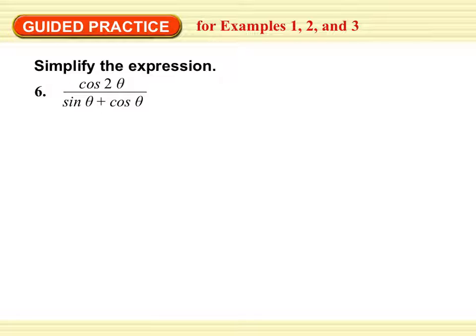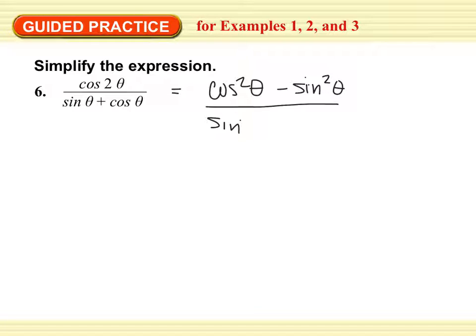So I need to go back to our key concepts and find substitutions for the double angle that we see. And I look at cosine 2a, and I really like the one that says cosine squared theta minus sine squared theta. And that's going to be over sine theta plus cosine theta.